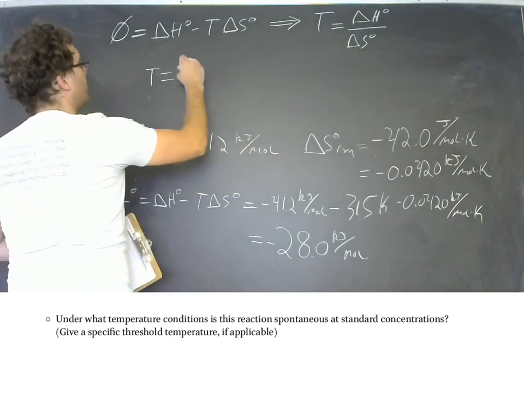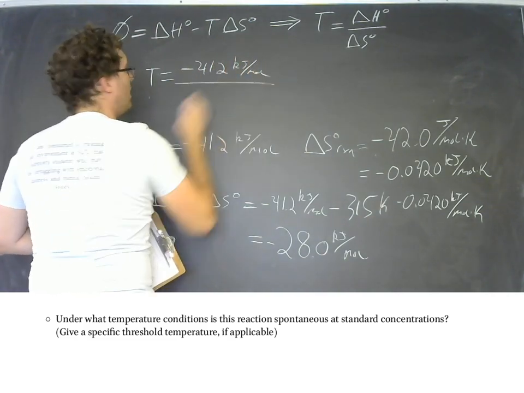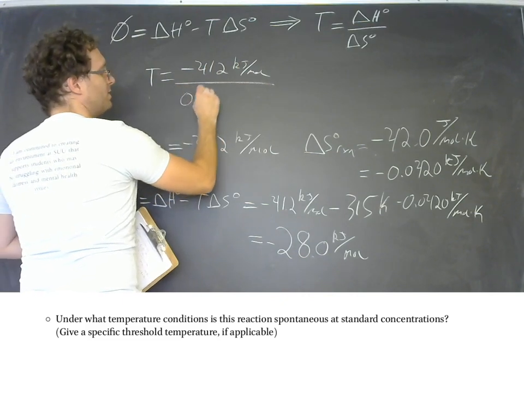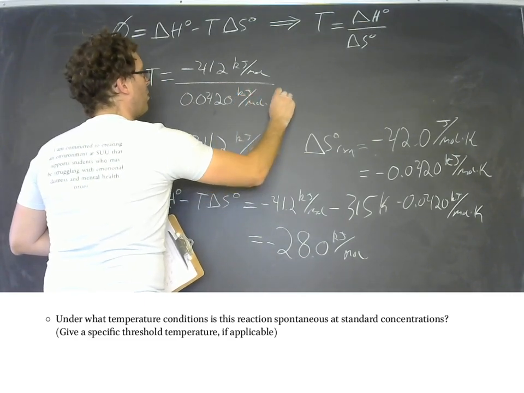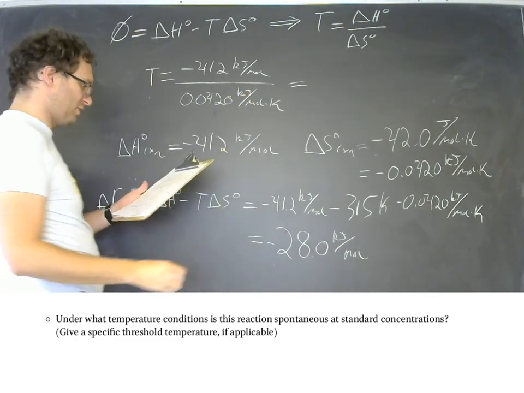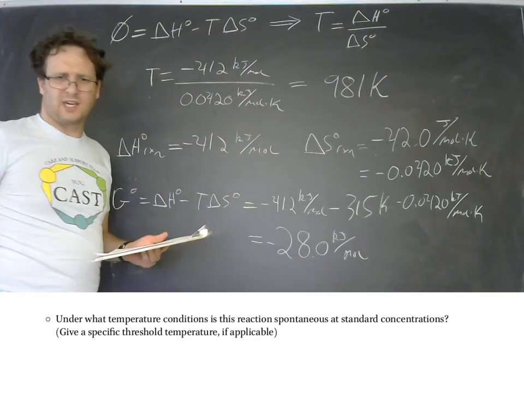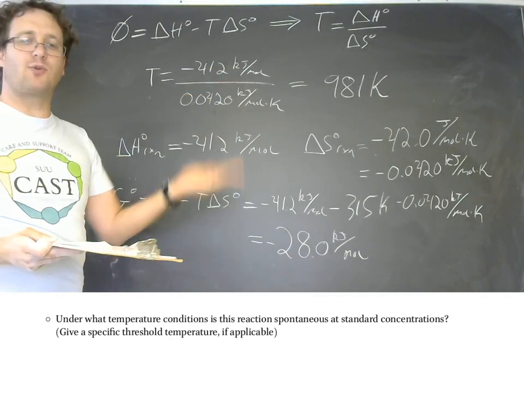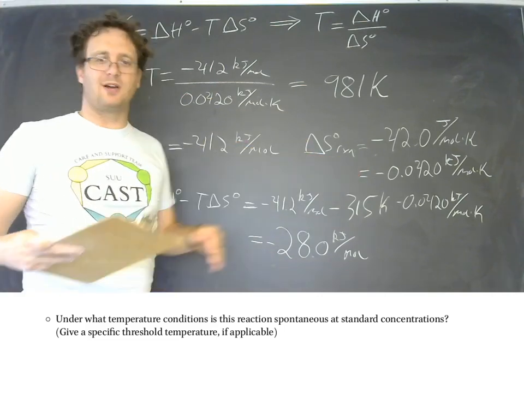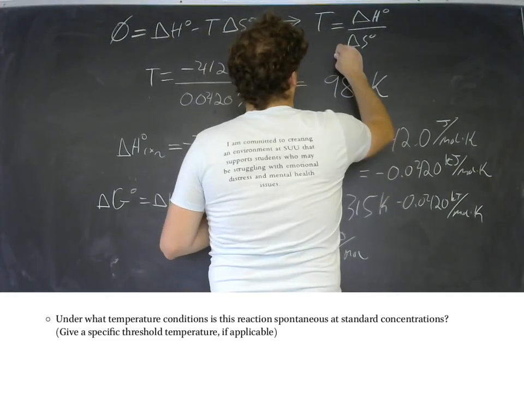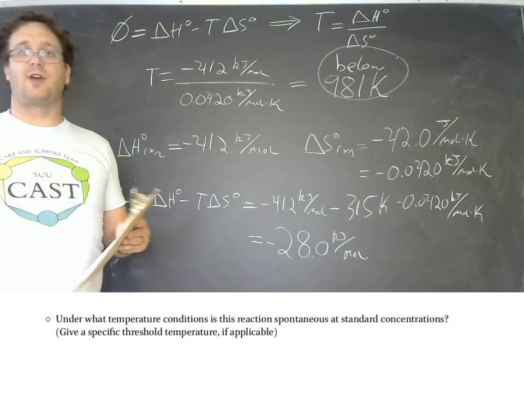Negative 41.2 kilojoules per mole divided by 0.0420 kilojoules per mole Kelvin, and we get a threshold temperature of 981 Kelvin. Now, is it going to be spontaneous above or below that threshold? Well, we've got an exothermic reaction with a negative delta S, so this is going to be spontaneous below that threshold temperature.